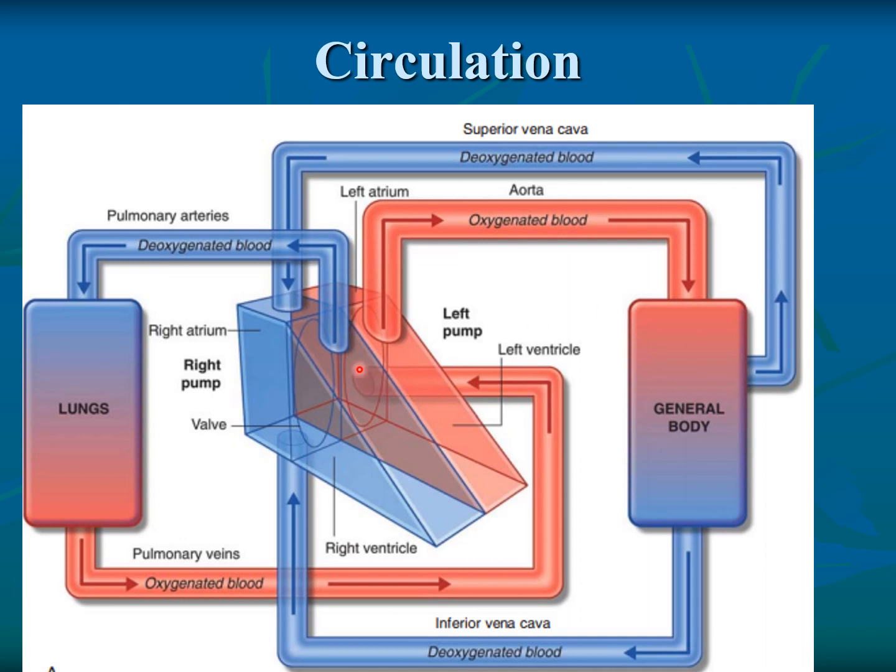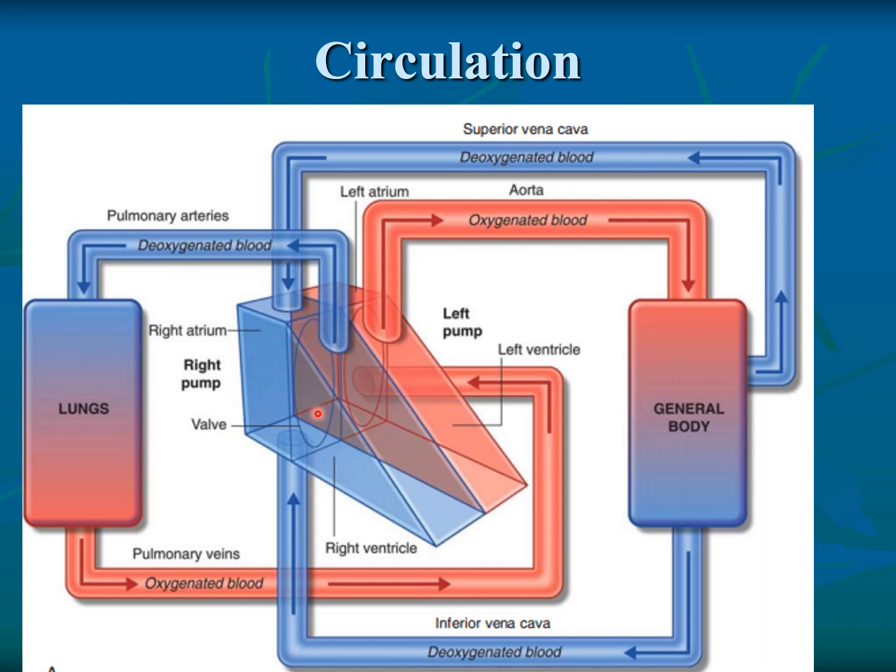So circulation, if we talk about the heart, this is the heart chambers. So important thing you have to understand is the right side of the heart is known as venous end, and left side of the heart is known as arterial end. So we have two types of circulation. We have systemic circulation and pulmonary circulation.